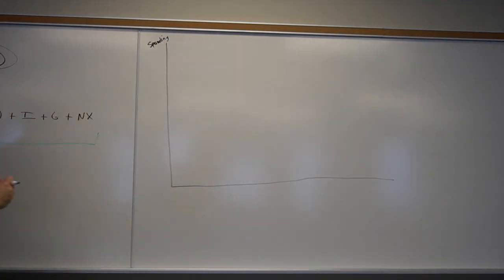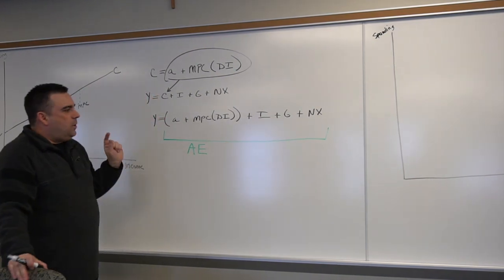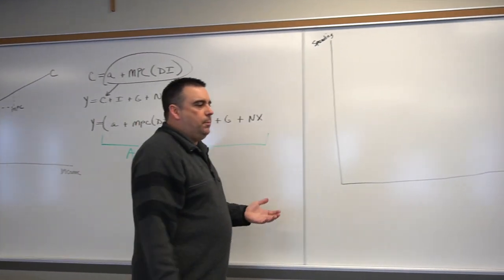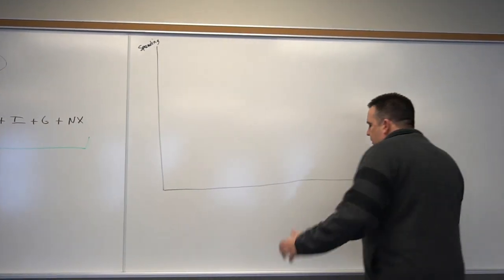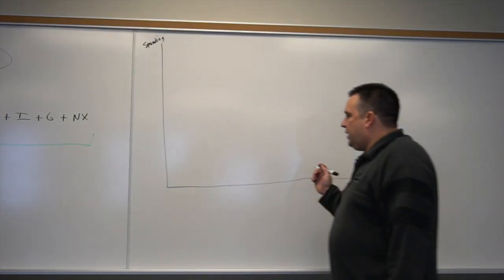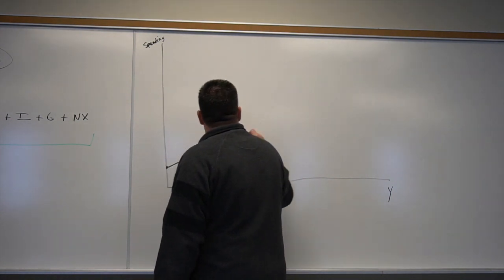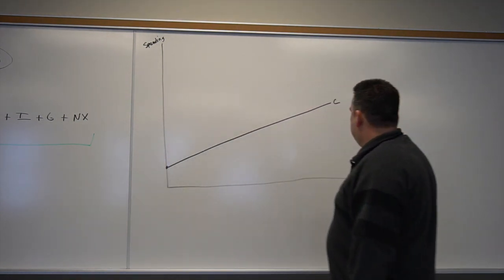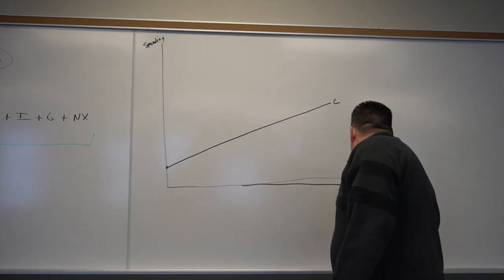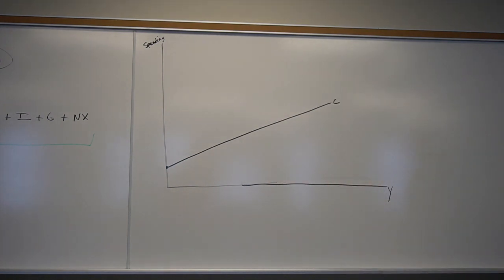But now, because I want to show all of my aggregate expenditure, I'm going to call my income axis down here Y, because when we combine all of our spending together, we effectively should get real GDP. Then I'm going to start out with some base autonomous consumption and some consumption function. That really does not look very straight. Maybe that's a little better.